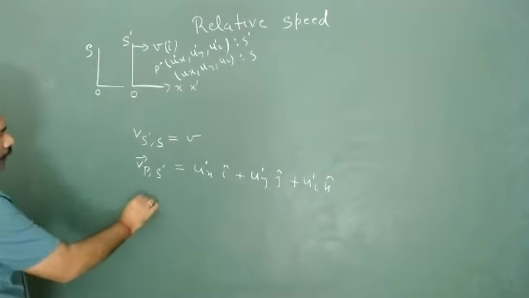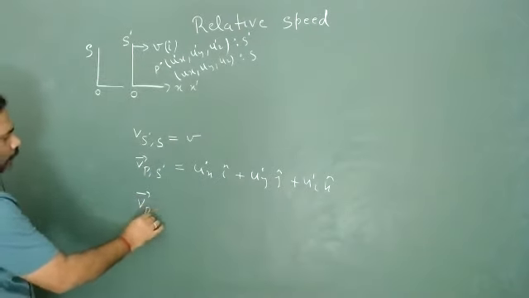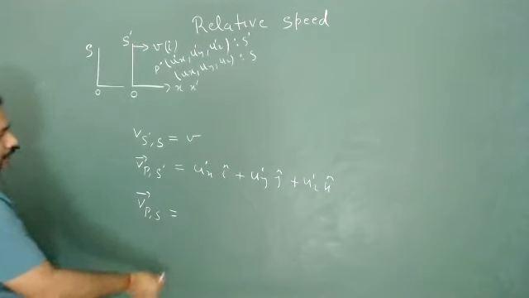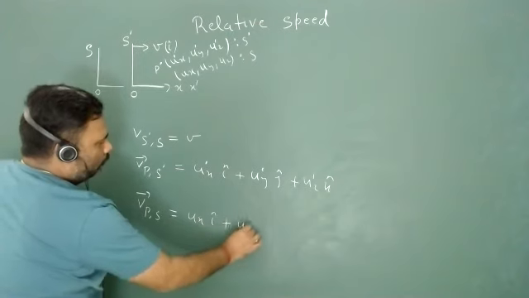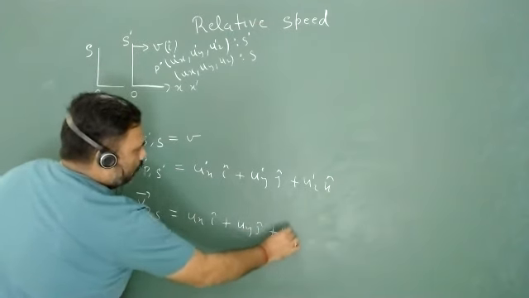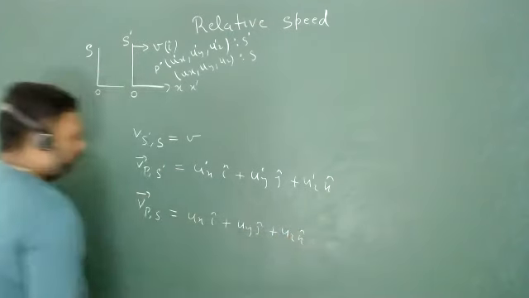If we want the velocity of the particle with respect to S, we have ux i cap, uy j cap, and uz k cap.